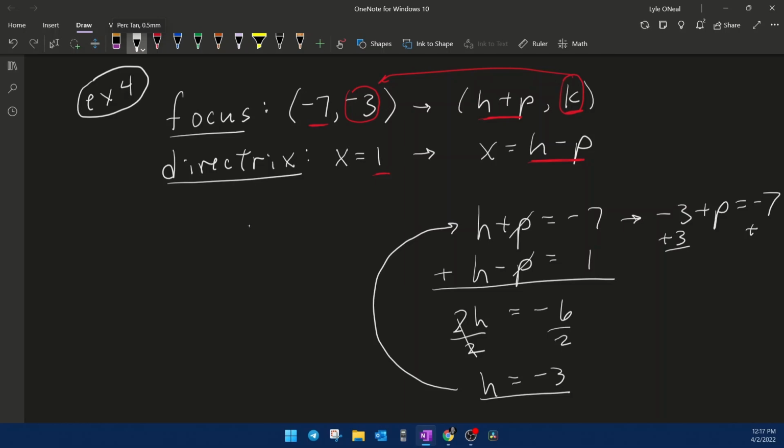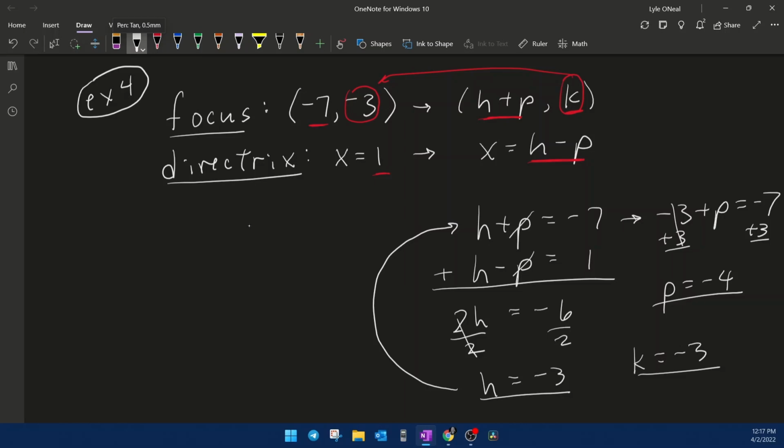Adding 3 to both sides should give me p. Negative 7 plus 3, that's negative 4. And now we have h, k, and p. Remember, k is negative 3. Once you know all 3 of those values, you can find your equation in standard form.